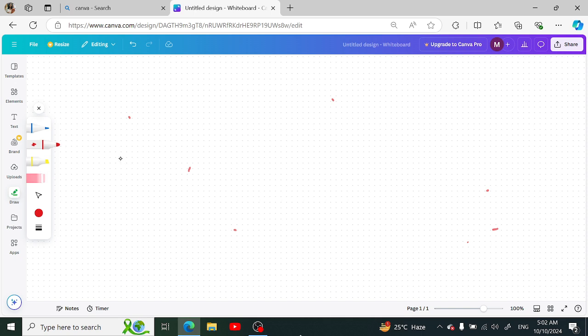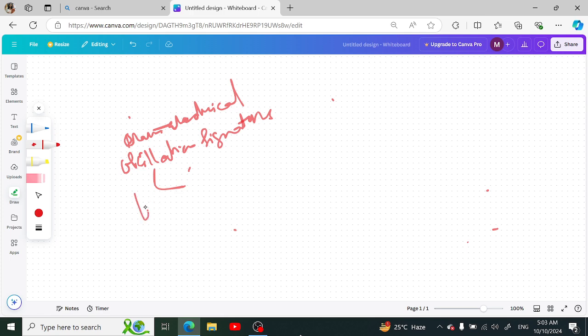Next is brain electrical oscillation signature profiling. The brain oscillation signature gives information about a person's brain by sensing brain waves.